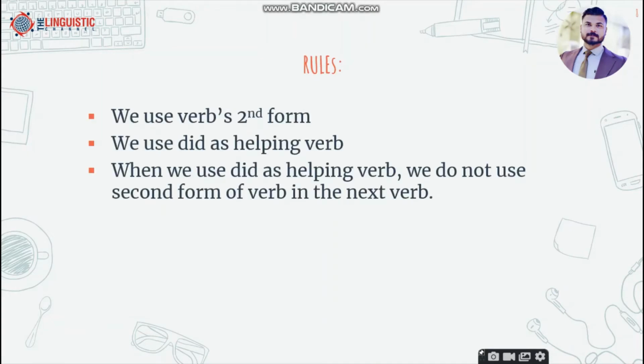Okay, so what is the form that we have in past simple tense? Yes, it is a past form, which is the second form of the verb, right?